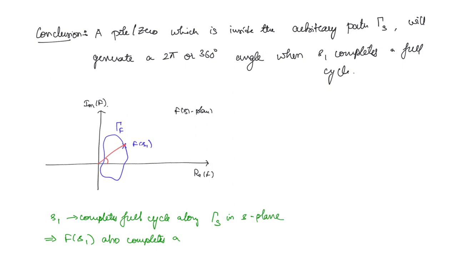Correspondingly f of s1 will complete a full cycle along gamma f in the f of s plane.